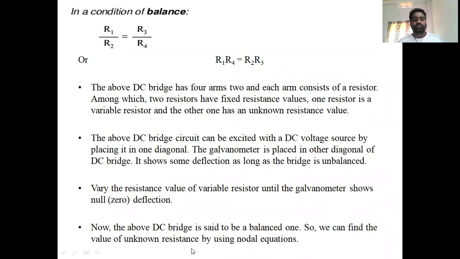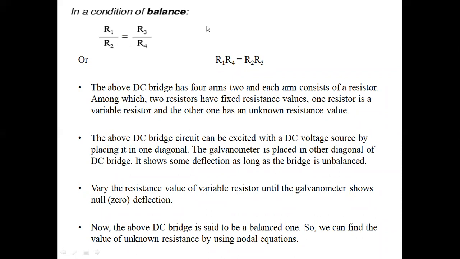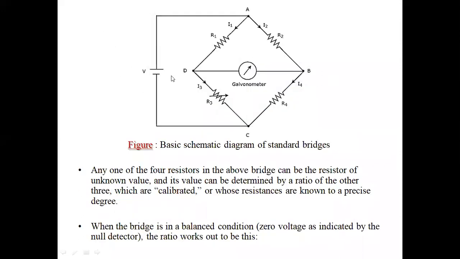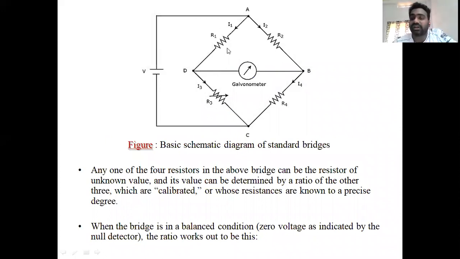From the circuit we discussed earlier, when the DC voltage source is applied, see how the galvanometer is connected. The galvanometer is connected in a diagonal manner, such that the current flowing in the overall bridge is experienced by the galvanometer.